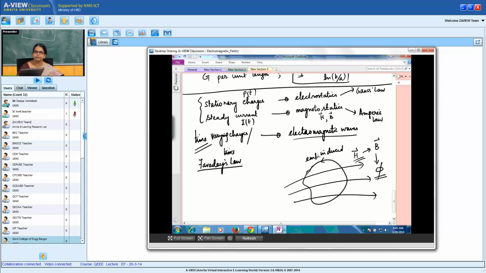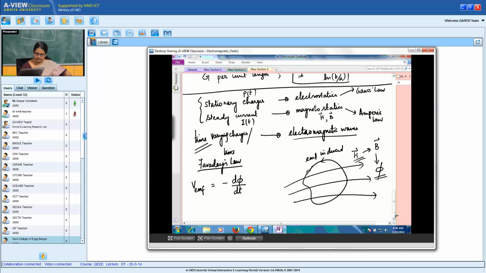That is your Faraday's law. So if I were to state Faraday's law, it is simply this: induced EMF in a current carrying conductor is equal to minus rate of change of magnetic flux.